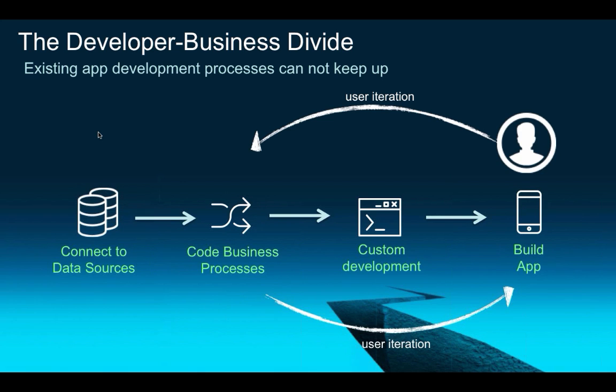Now what should happen is the users use the app, the business changes, new technologies become available, new paradigms in how you work on your devices, and you have to go iterate. So now let's slide back to coding business processes, do all the custom development again, and over.